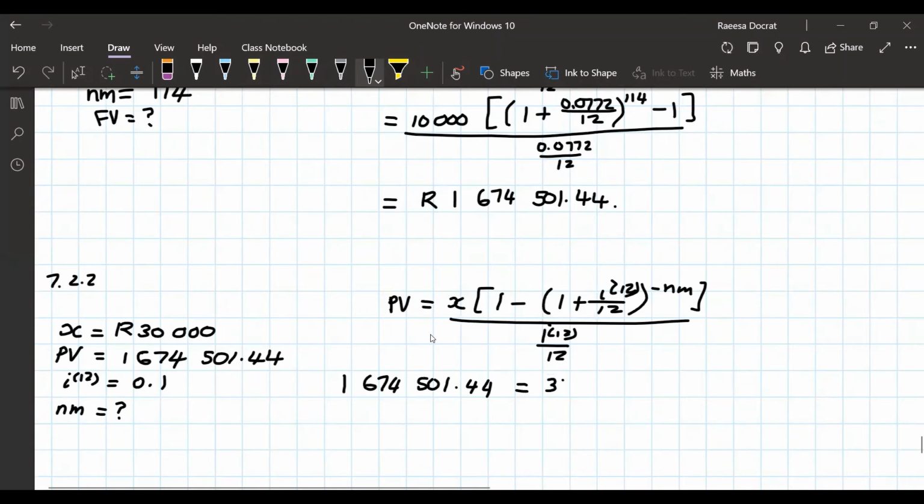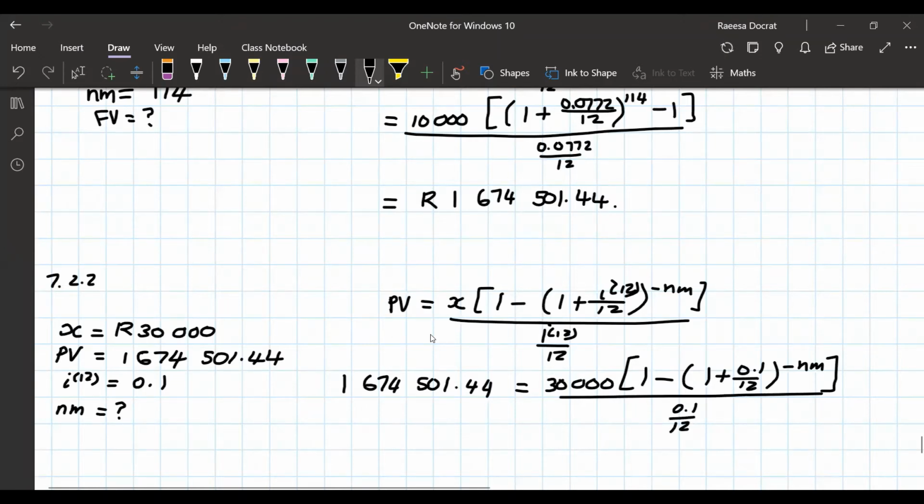It's equal to 30,000, that's her monthly payment, times 1 minus 1 plus 0.1 over 12 to the power of minus nm, all over 0.1 over 12. So then we go ahead and solve.